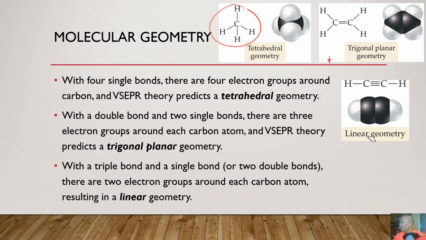And for the last example, as you see over here, this carbon is surrounded by a single bond on the left and a double bond on the right side. So for this carbon, it is surrounded by 2 electron groups with no lone pairs, which means for this molecular shape, it will be linear geometry.